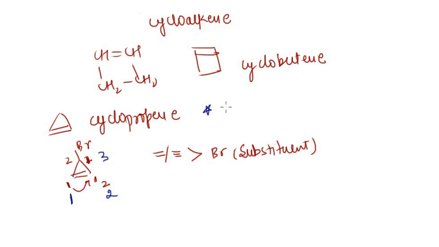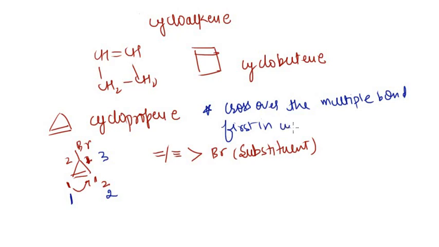It is the most important point. Cross over the multiple bond first in cycloalkene. We have to cross the multiple bond.